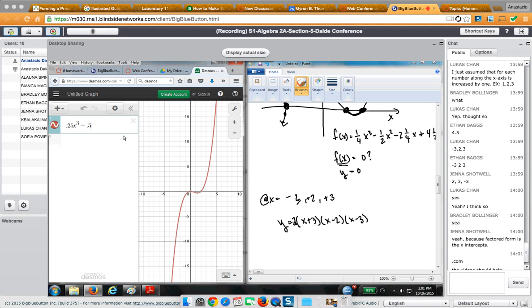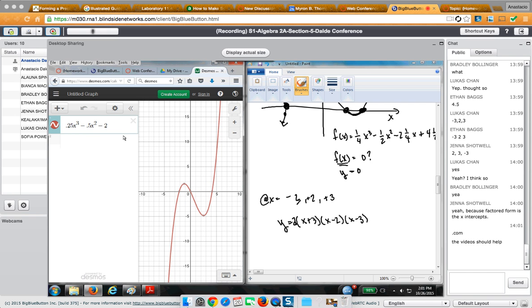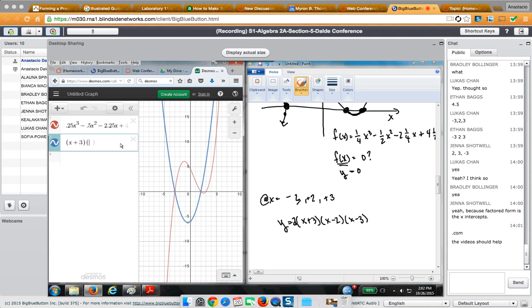Minus 2.25x plus 4.5. All right, here's my graph. And then what I'm venturing to say is that this probably looks something like x plus 3, x minus 2, x minus 3. All right, it looks something like that.